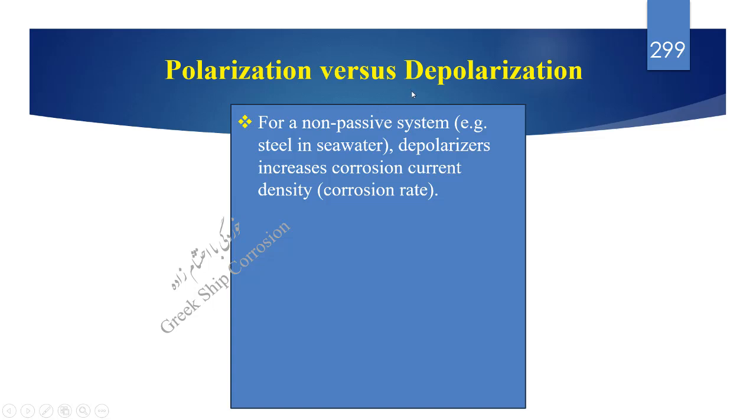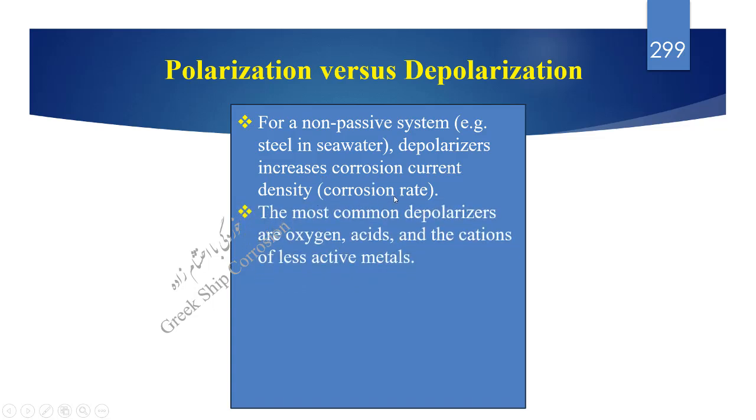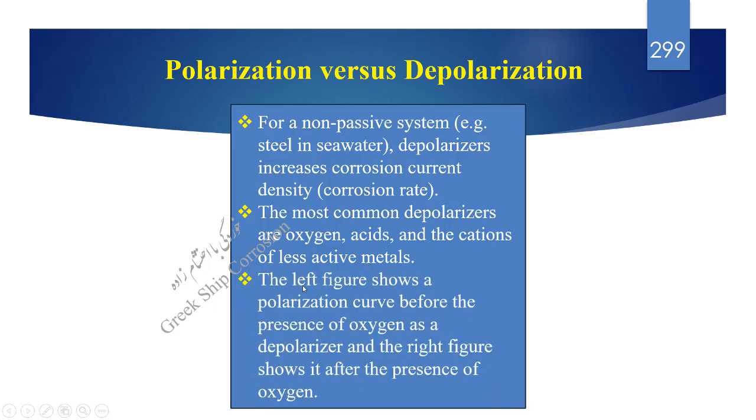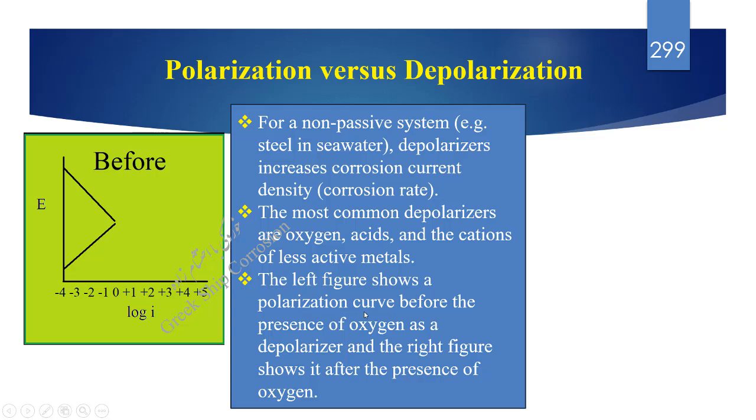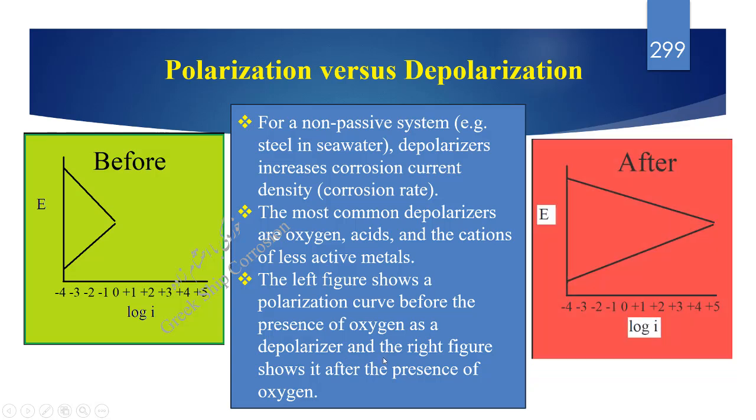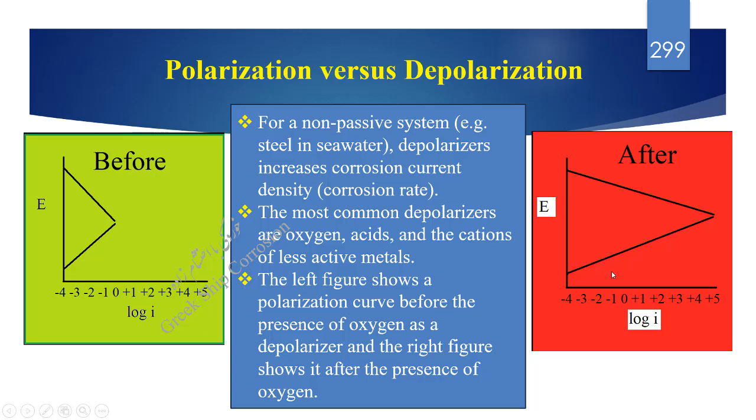Polarization versus depolarization. For a non-passive system, for example steel in seawater, depolarizers increase corrosion current density or corrosion rate. The most common depolarizers are oxygen, acids, and the cations of less active metals. The left figure shows a polarization curve before the presence of oxygen as a depolarizer, and the right figure shows it after the presence of oxygen.